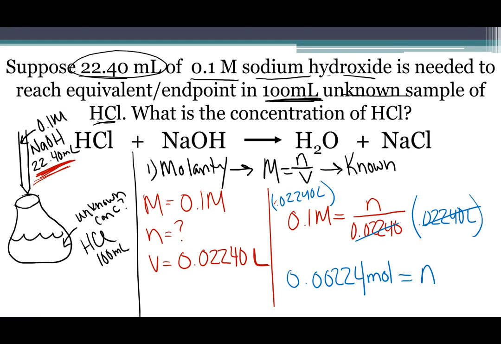And let's make our life easy. Moles of what? NaOH. So that's why this picture is helpful, because I can just glance up to the left here and I can see, oh, we were using NaOH in that case.